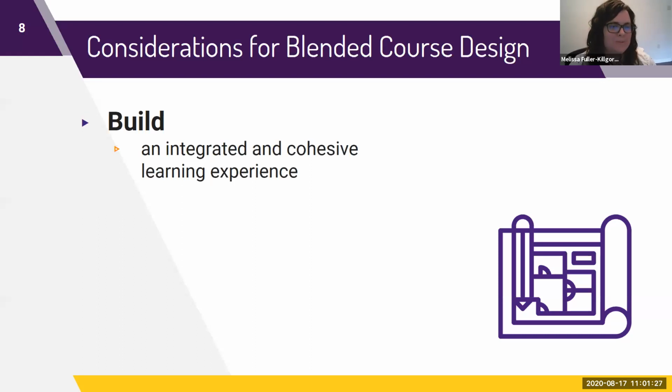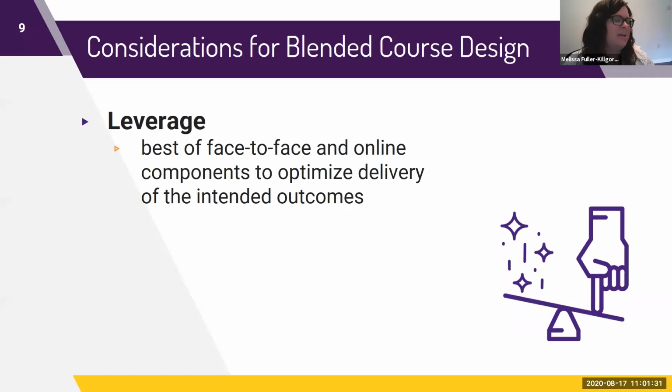So they have something that they're looking for as they're reading through the textbook. So this was great. Let's move on to the next one, which I think we've kind of touched on a little bit. But this is about leveraging what is best in face-to-face and what is best online. What are some good online components, and how to optimize those and deliver them to address your intended outcomes.